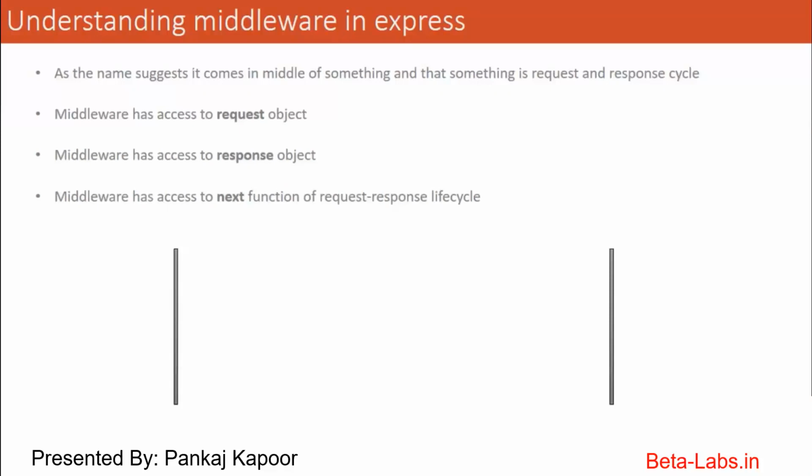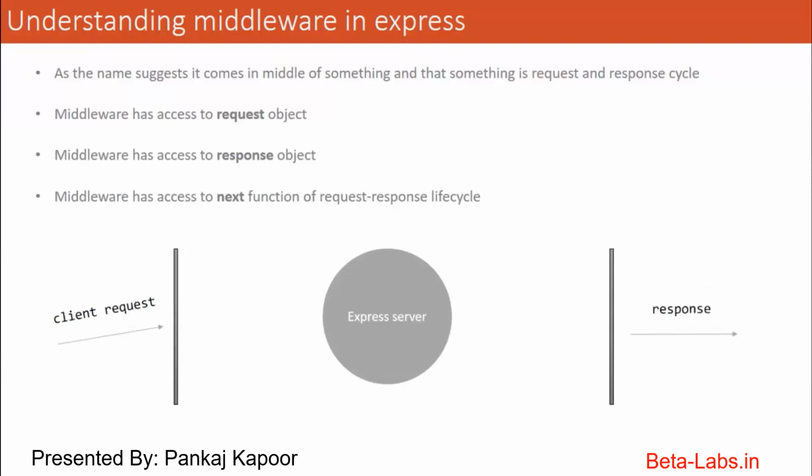The user requests a particular resource using the client request, the request goes to the server, and the server has to reply back with the response object. The whole process is called the request-response cycle.